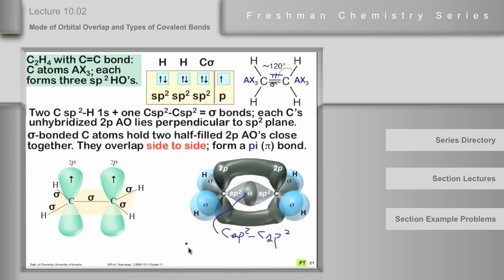The pi bond up here is carbon 2p, carbon 2p, and usually they'll go ahead and put a pi in front of it so you'll be sure to know exactly what you're talking about. And it's not unusual to have a sigma in front of this description either.